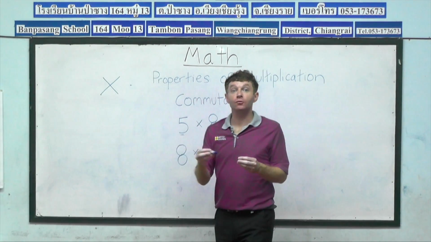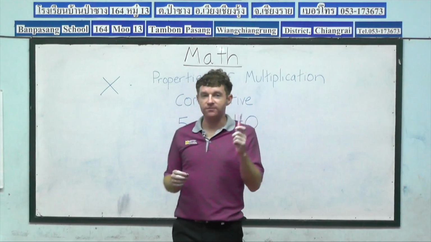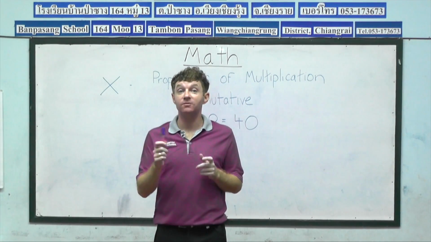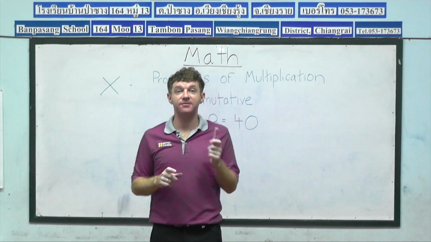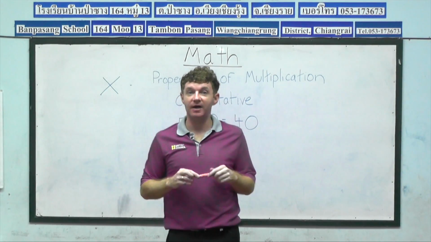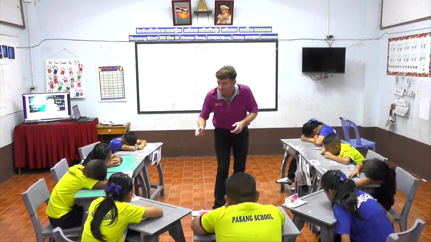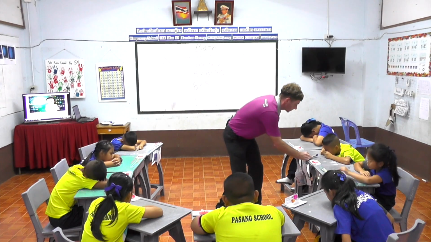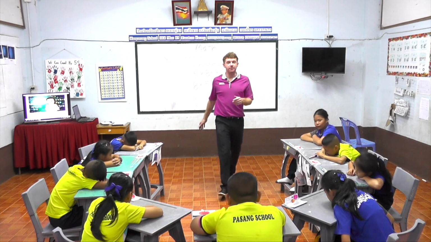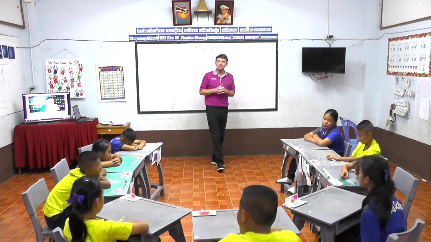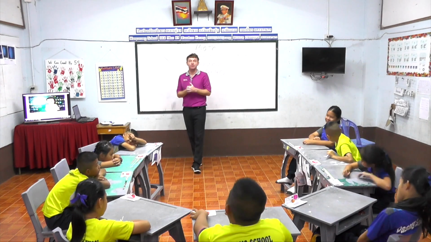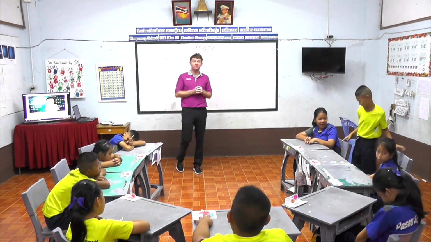I will now choose a student to come forward to work out what the commutative property of 5 times 8 and 8 times 5 really is. So let's see who can go first. And the pen is with Pangpon. So Pangpon can come forward and demonstrate for us the commutative property.